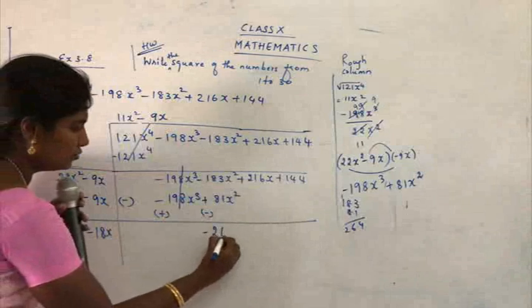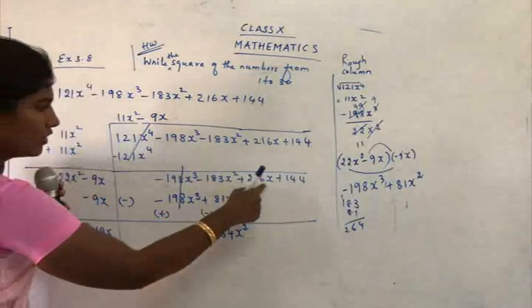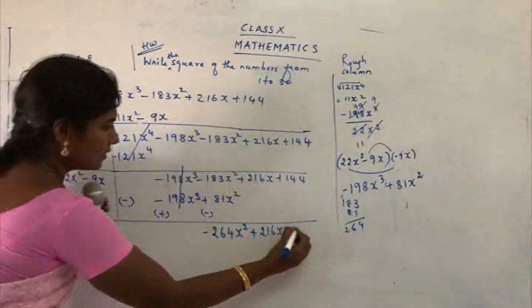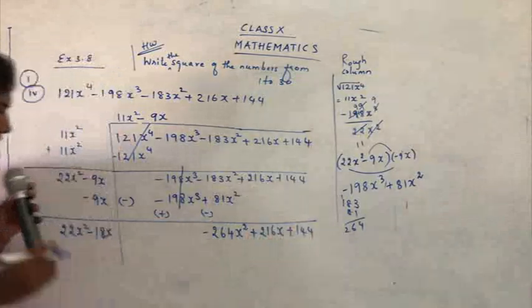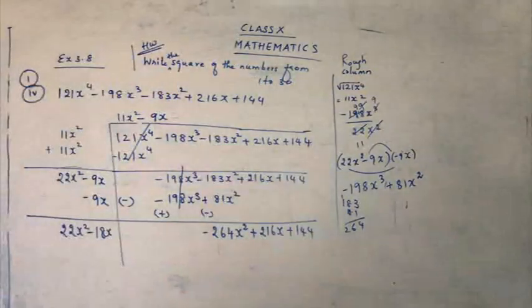So minus 264x square. Now write down the remaining things. Plus 216x plus 144. So what do you get there, children? So when you simplify, you get minus 264x square plus 216x plus 144.